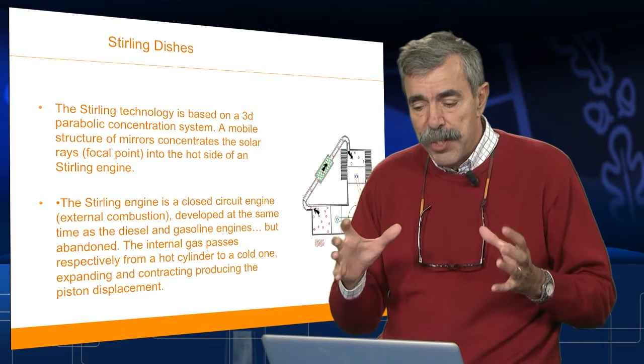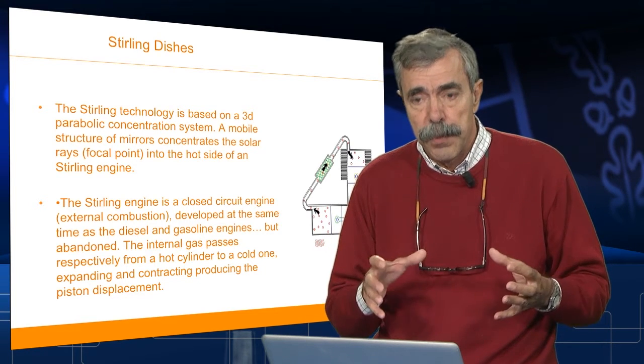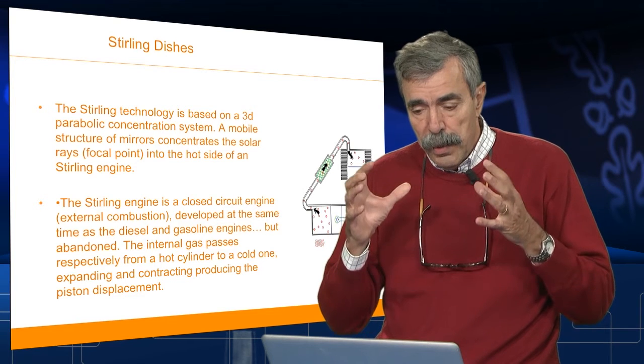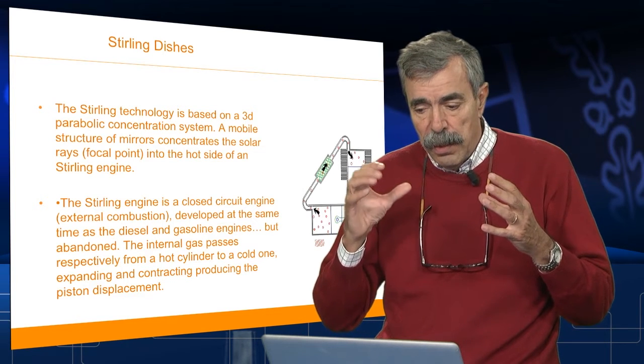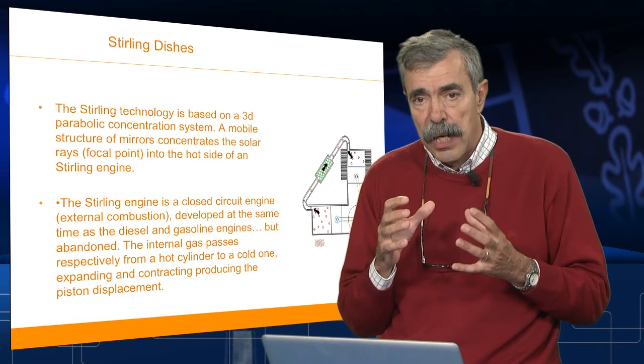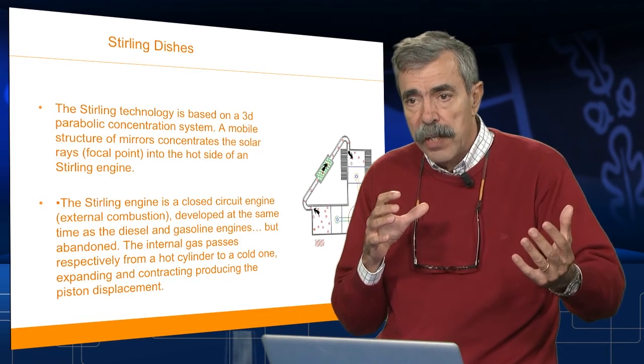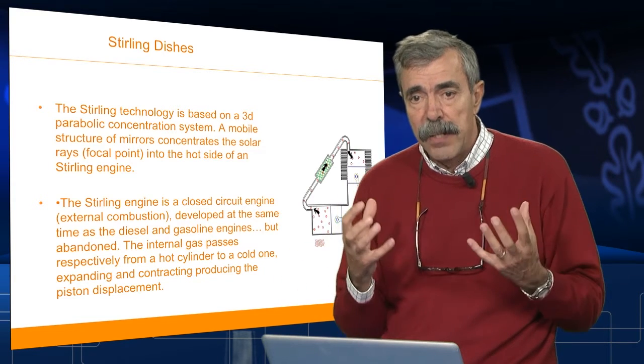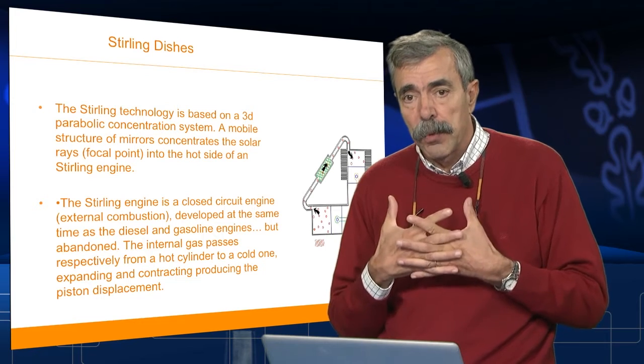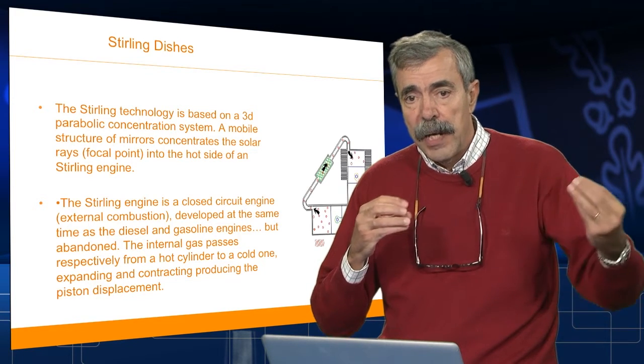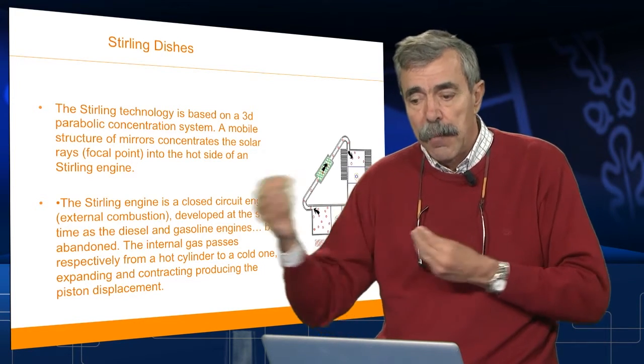First of all, it's an engine having no exhaust. It means that the gas which is inside is compressed and expanded inside the motor without any flow of air coming in and out.